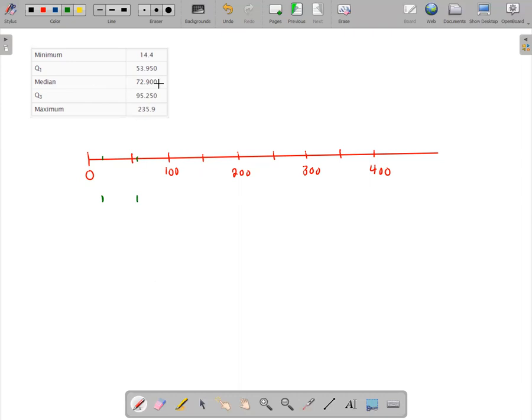What's next? 72.9, let's call it 73. 50, 100, 75 is right in the middle. So I'm just a little bit to the left of the middle there. So that should be around where 73 is going to be, about there-ish. 95.2, pretty darn close to 100. Maybe it's around here-ish, right about there.